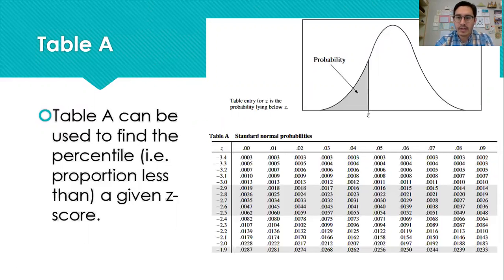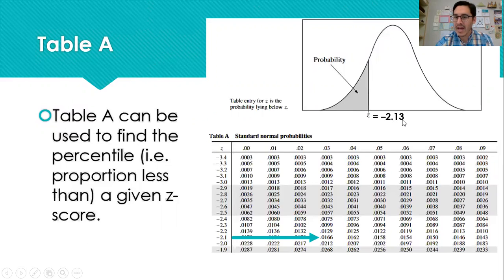Let's say we found a z-score, and I'm just going to make it up here. Let's say the z-score is negative 2.13, and we want to figure out the percent of values that have a lower z-score. Using this table, we would look up the first 2 digits, here on the left side, negative 2.1.